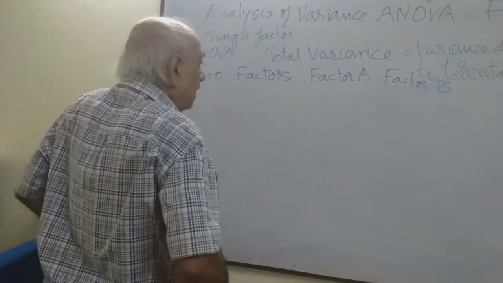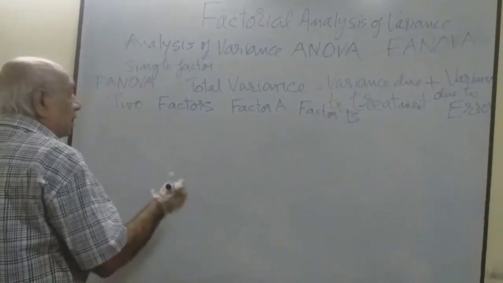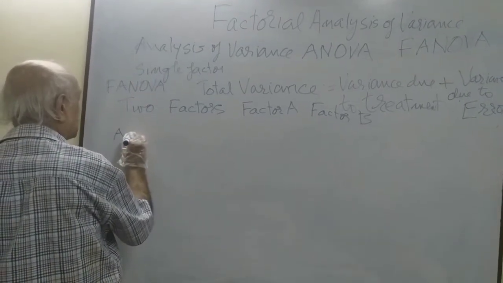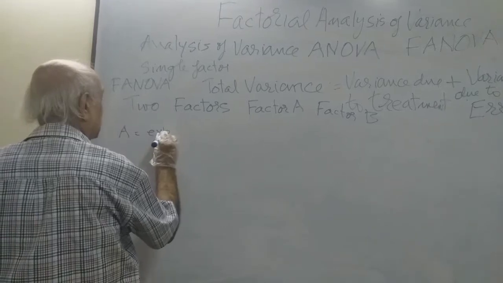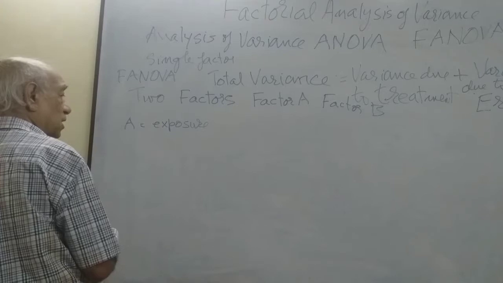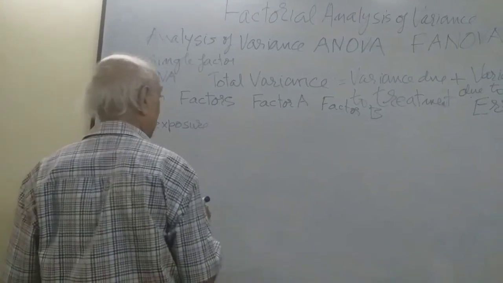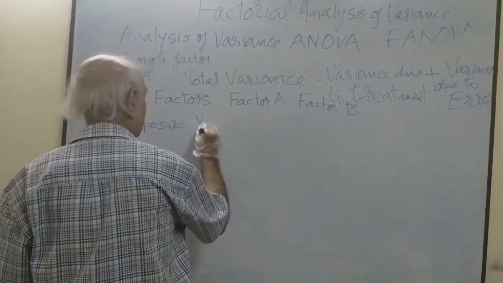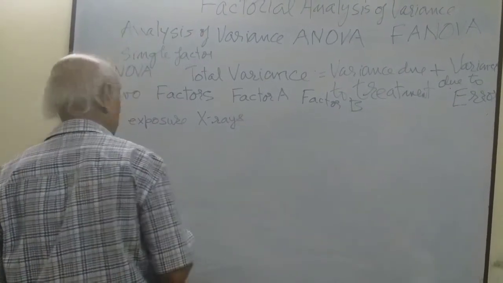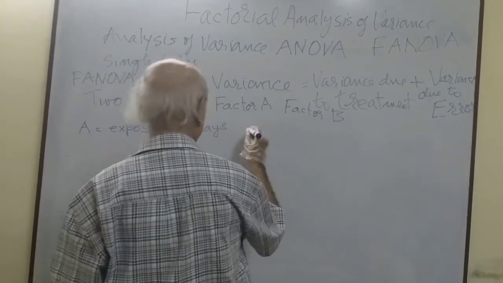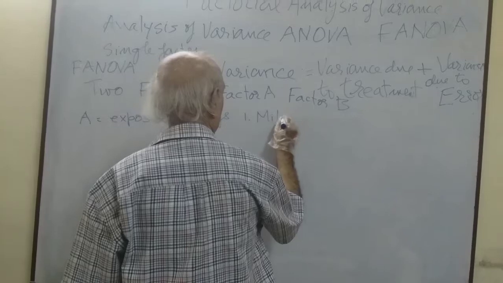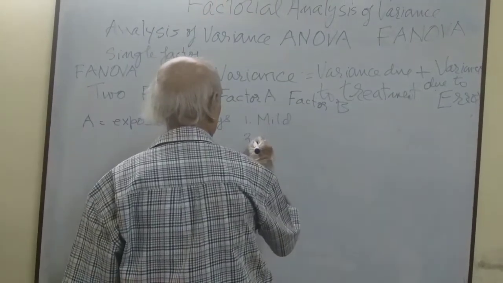In the case of epidemiology, factor A can be exposure to a certain disease or to a certain stress condition, for example, exposure to X-rays. So there can be mild, number one, and number two, high exposure.